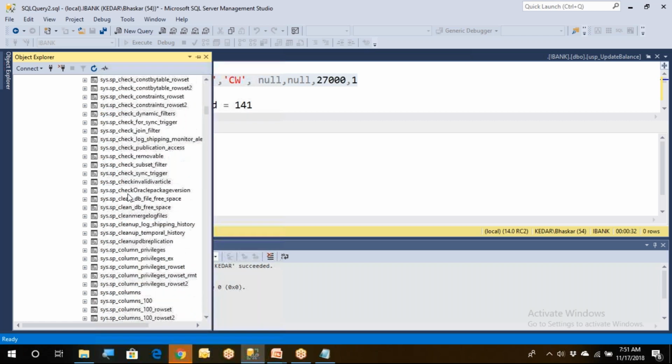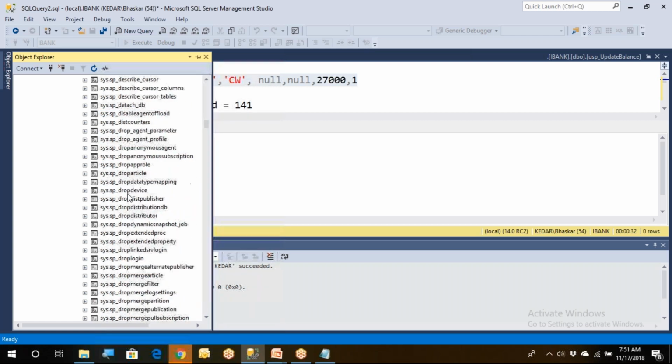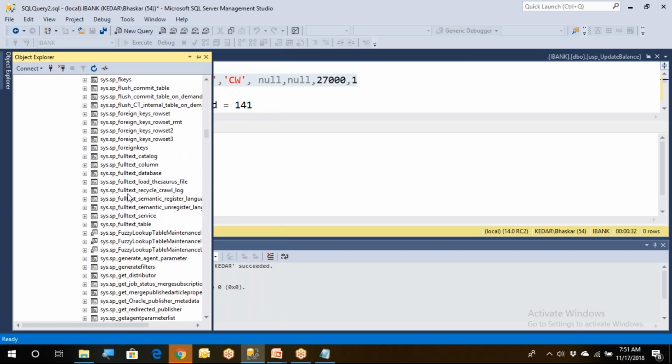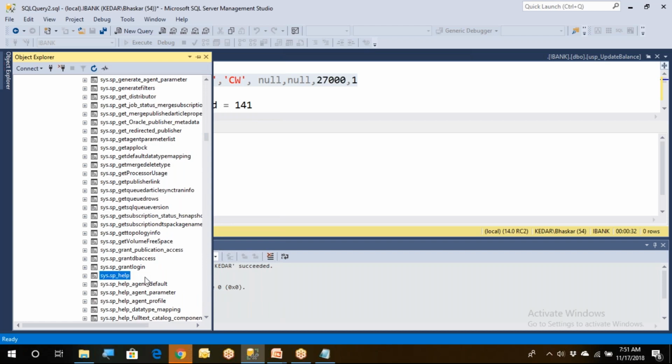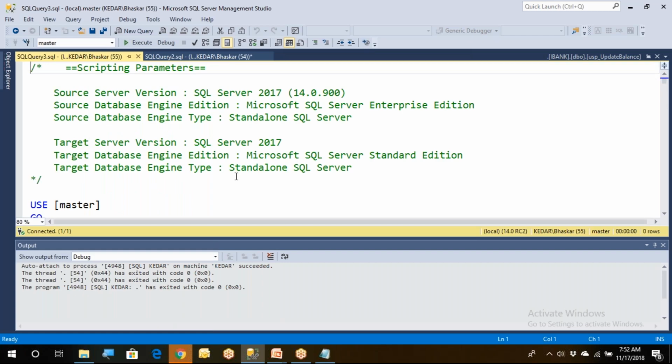Okay, we can see sp_help also. When you go down, a lot of stored procs are available. sp_help, this is a stored proc which we are using. If you wanted to see the code of this stored proc, you can simply go and modify. You can understand this code given by Microsoft. Okay, so now you can see this code as well.